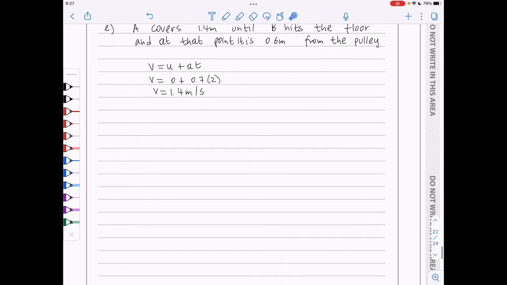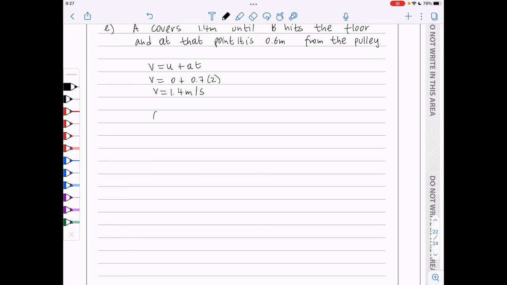So considering A, I will now consider A to find the acceleration over the journey that the string is slack.